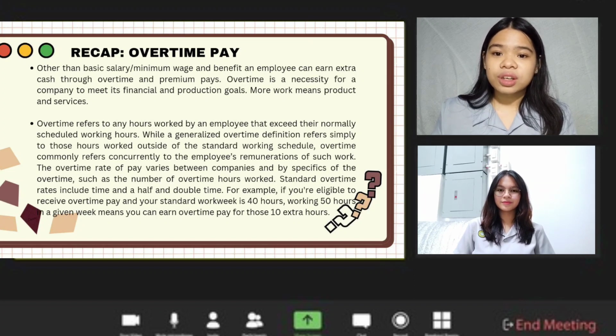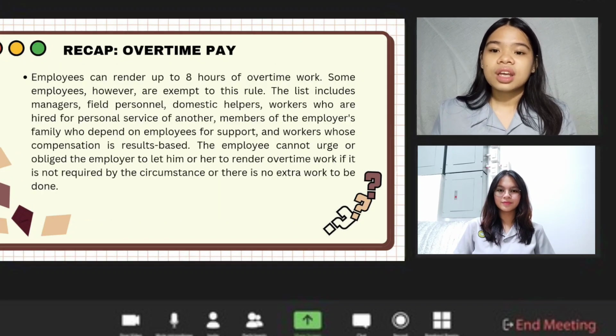For example, if you're eligible to receive overtime pay and your standard work week is 40 hours, working 50 hours in a given week means you can earn overtime pay for those 10 extra hours. Employees can render up to 8 hours of overtime work.